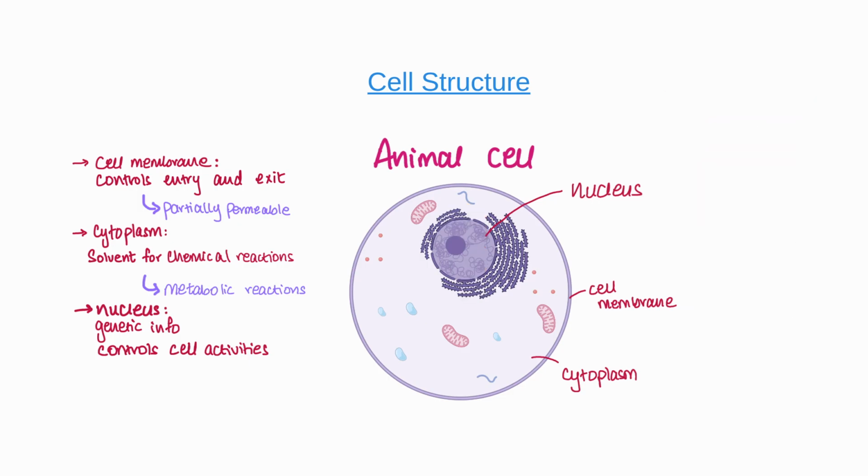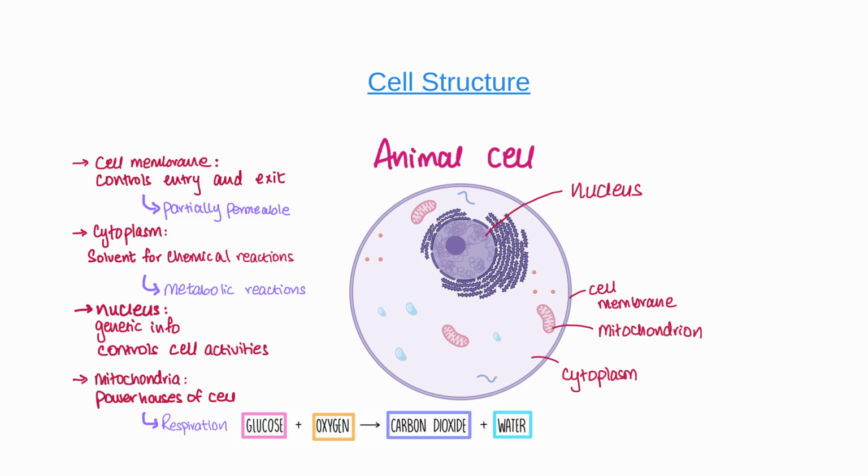Now, you've probably heard the phrase, mitochondria are the powerhouses of the cell, at least once in your life. But let's really dive into what that really means. Mitochondria perform the single most important metabolic reaction in any animal, respiration. So what exactly is respiration? Let's look at this simplified equation to understand it better.